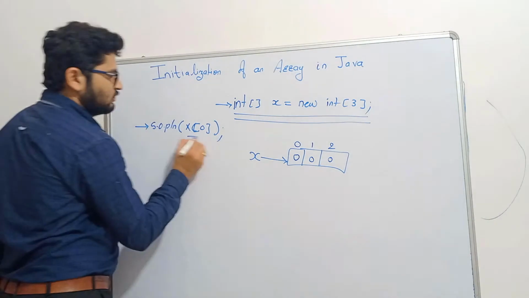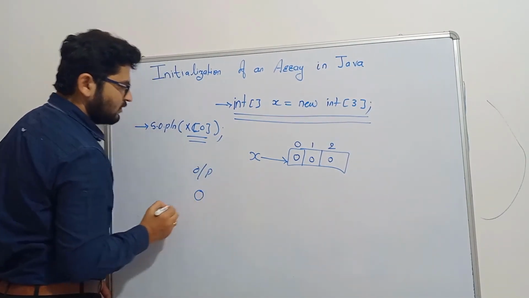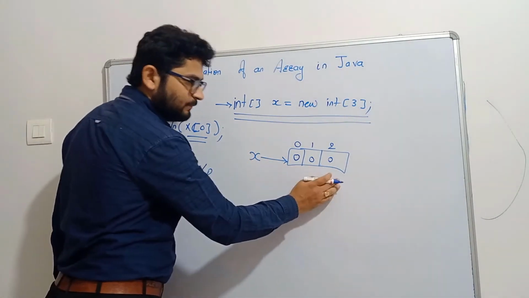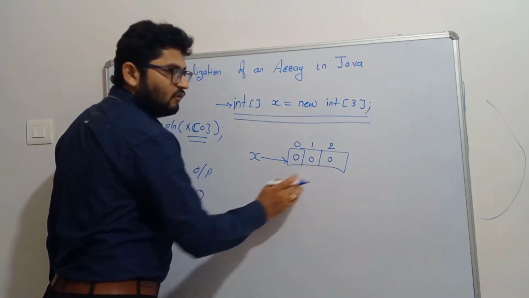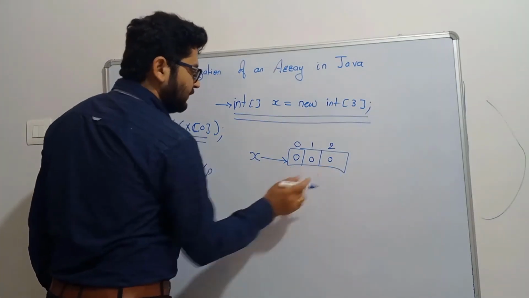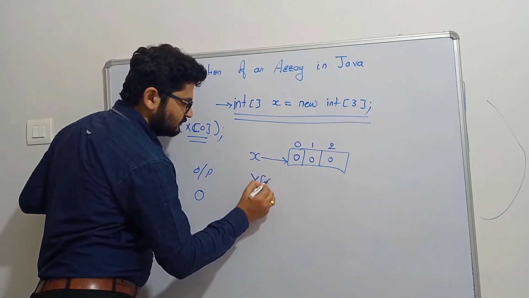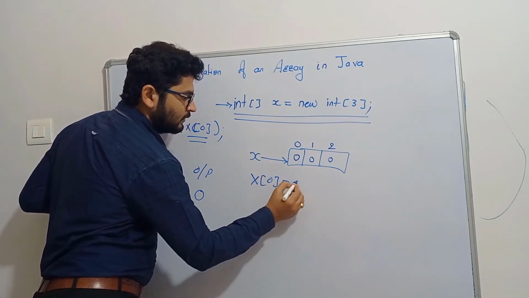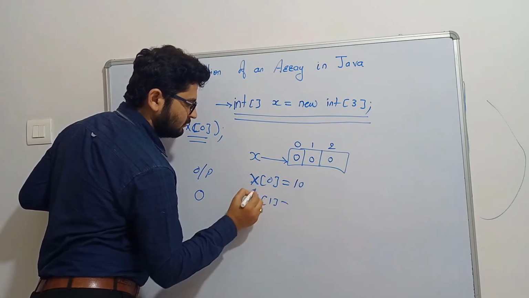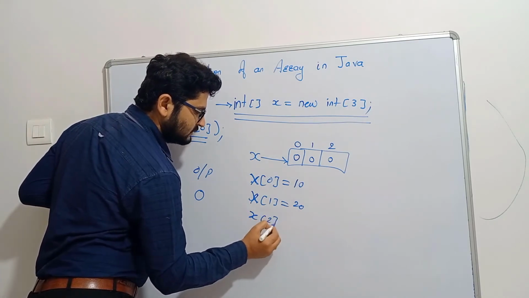So x of 0 will be printed as the output. I will get 0 because right now x, that is the array of 3, is initialized with the default value 0. Now if you want to change this value, then you have to use the index of this element. So x of 0 is equal to, let us suppose, 10. X of 1 is equal to, let us suppose, 20, and x of 2 is equal to 30.